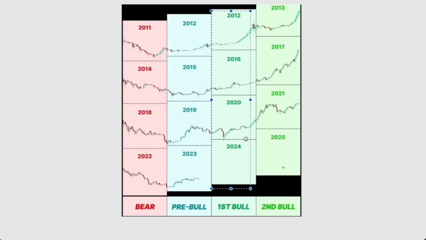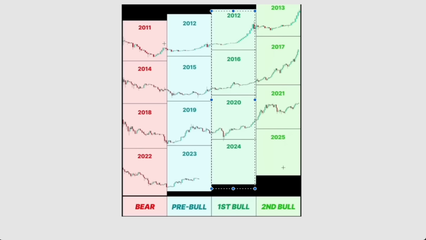But this, of course, transitions us into the 2016, 2020, 2024 phase, which is typically your candle 4. And these are your halving years. And of course, this is 2012 here. 2012 is a little different because the cycle focused on the mid-cycle correction.